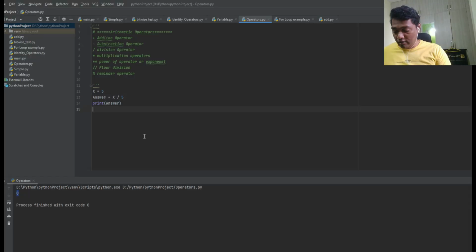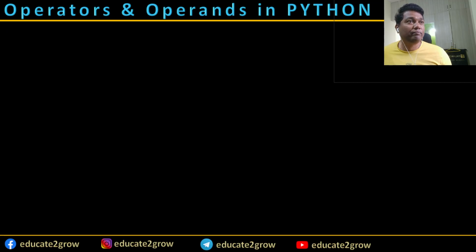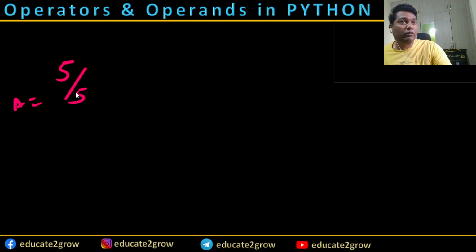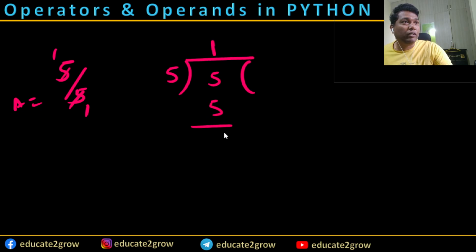What do you get as the answer? You see here, 1.0, which is 5 by 5. I'll show you how exactly this works. 5 by 5, the answer is 1, and 5 ones are 5, then the remainder is 0.